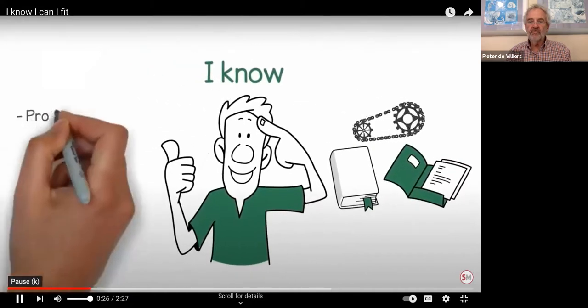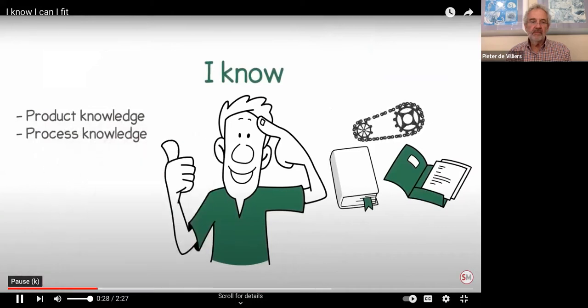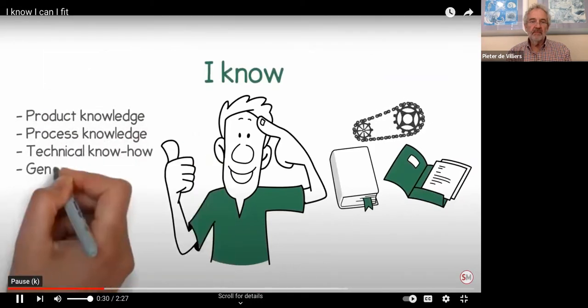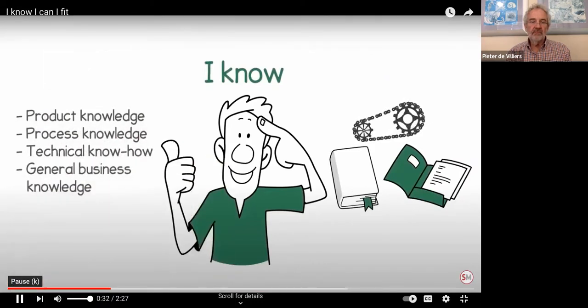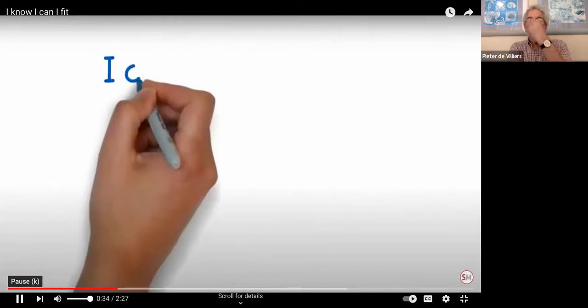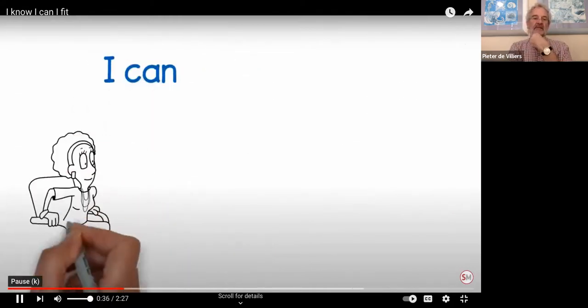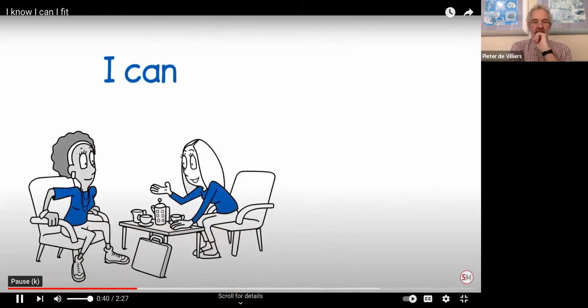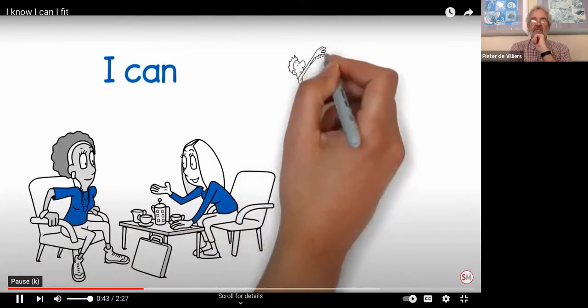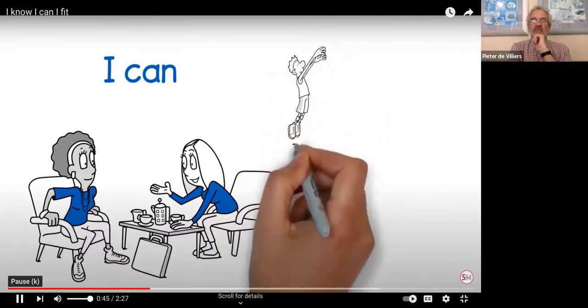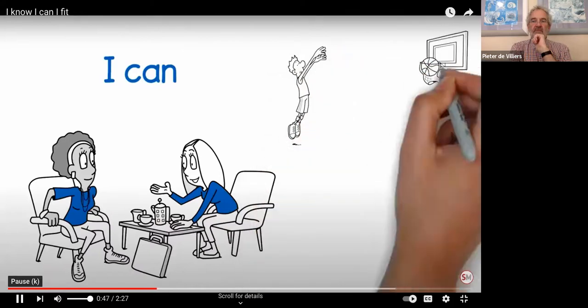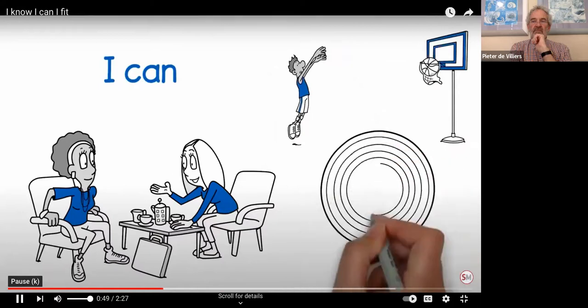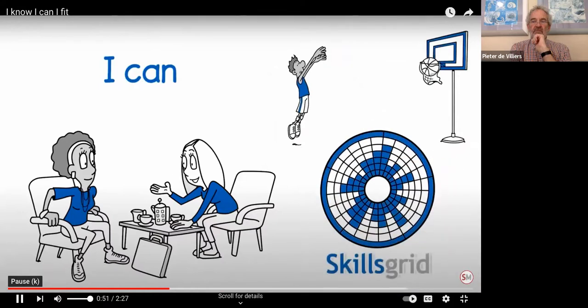This will include product knowledge, process knowledge, technical know-how, general business knowledge, and so forth. The second component, I can, is about the physical skills necessary to successfully do the job on an execution or practical level. A skill is the term used to refer to the physical execution of the task in a smooth and successful manner. It is in relation to this aspect that Skillsgrid is used.